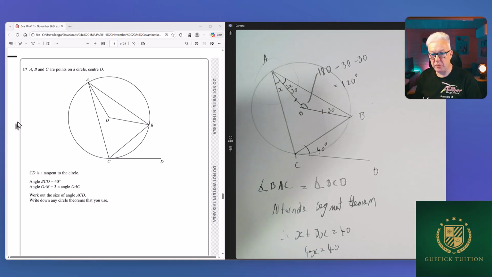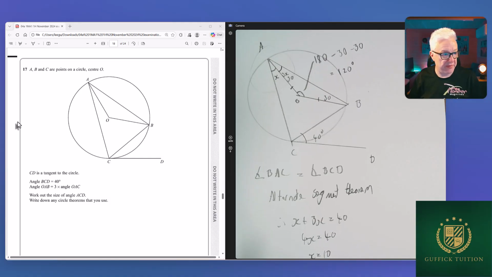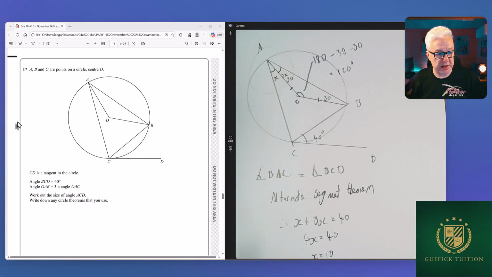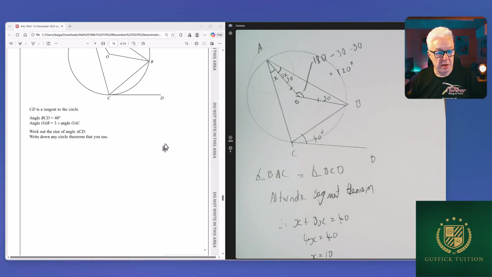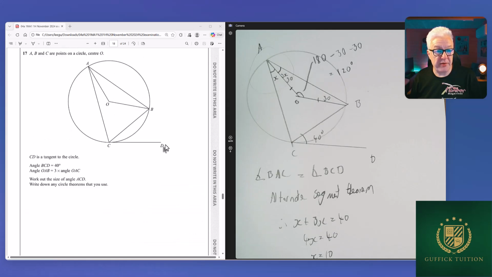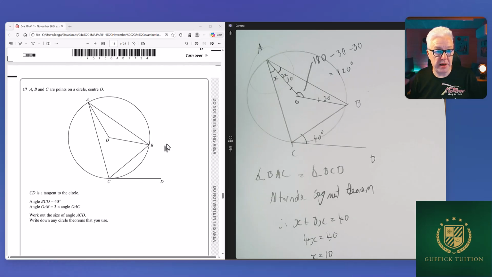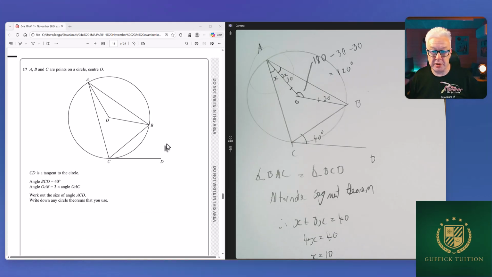And we can write down reasons for every single step, although to be honest, it seems like there is only one mark available for the reasoning, and it's only for the circle theorem. In this particular question it's worth 4 marks. 3 of them are method marks and 1 of them is a reasoning mark for the circle theorem.